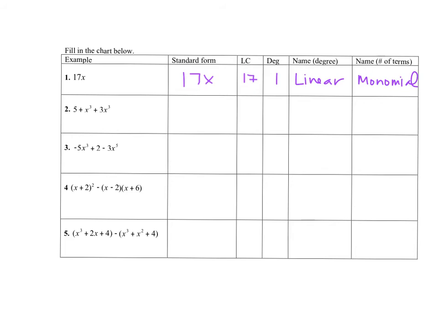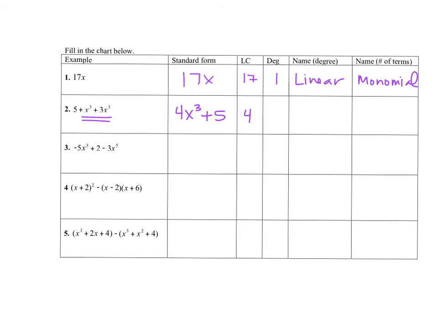Okay, number 2. In standard form, how would this be written? 4x cubed. Yes, good work. These are both x cubes, right? So it'd be 4x cubed. You always want to simplify. Plus 5. What is the leading coefficient? 4, that number out in front. What is the degree of this polynomial?